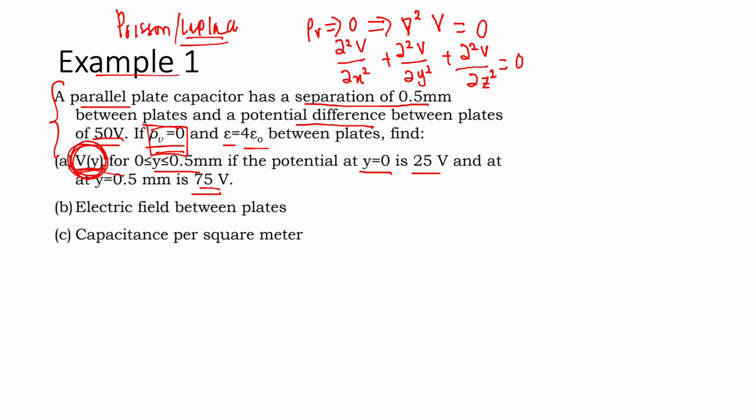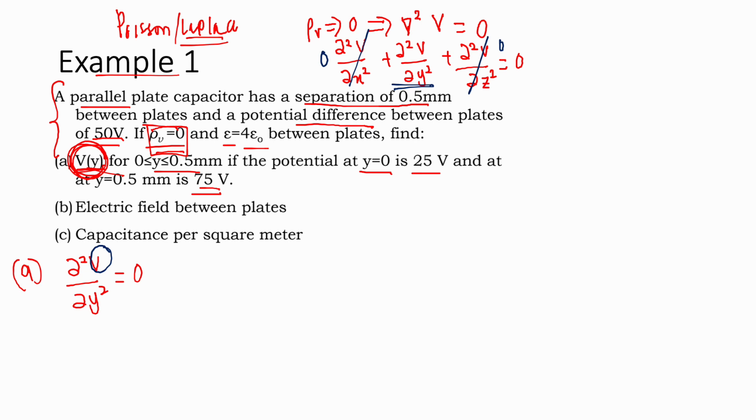Since our interested variable is the y element, the x term will automatically become 0 and the z term will automatically become 0. This is only our interested part. Therefore, here it will be d squared V over dy squared equals 0, and in order to obtain V, we need to do the double integration.